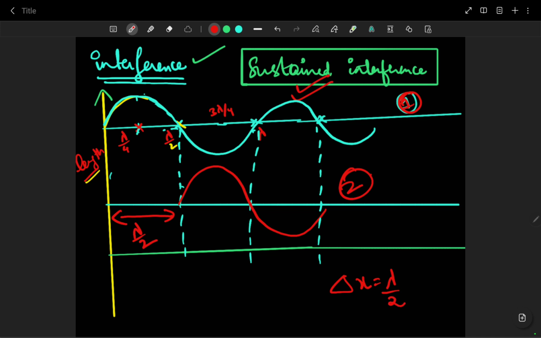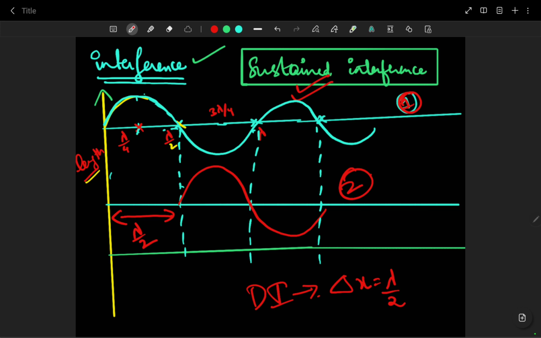And right now you can see that this is the trough, right? So here this part is the trough and this is the crest, right? So if trough and crest superimpose, you know what that gives: destructive interference. So this is the condition for destructive interference, right?